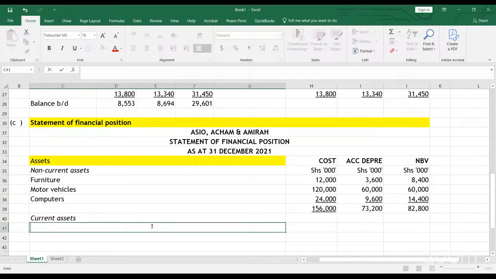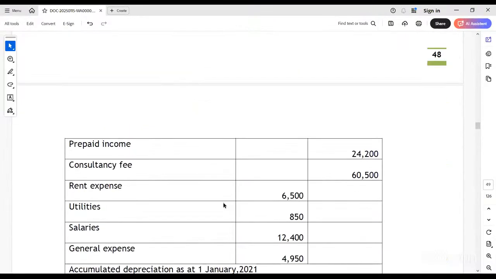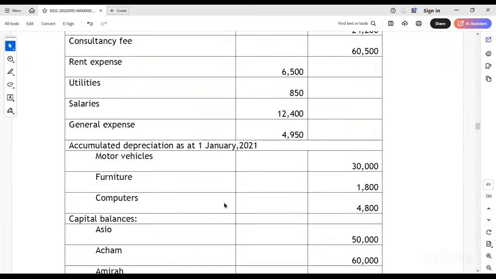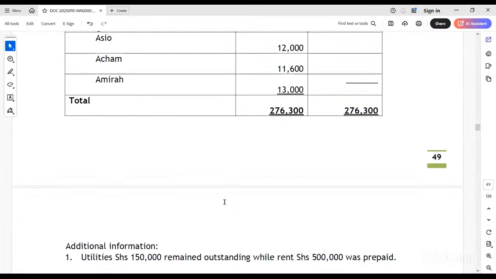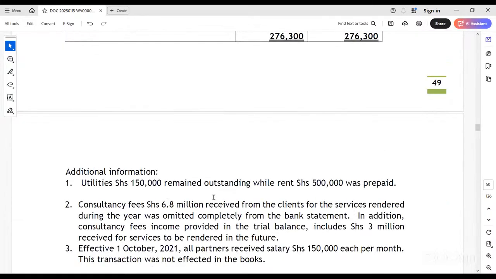What do we have now? Do they have any prepayments? We have prepaid rent. Utilities remain outstanding while prepaid rent was 500. Okay, we have some prepayments.